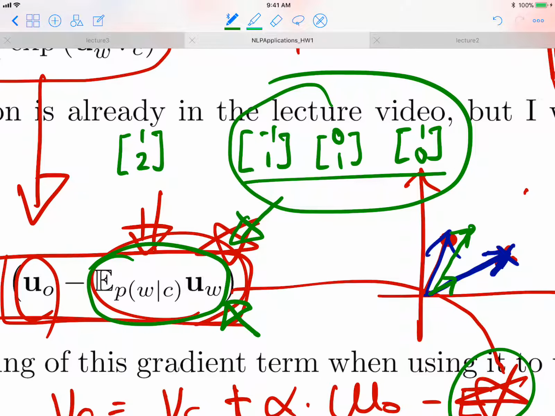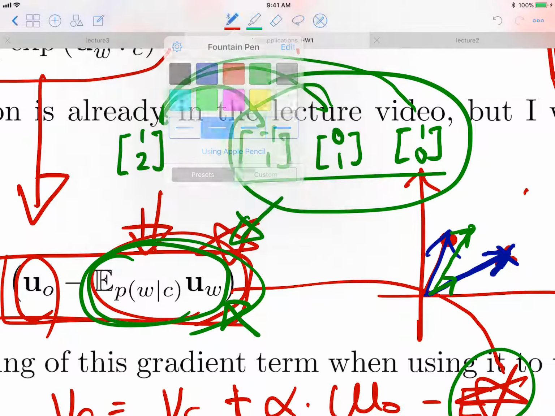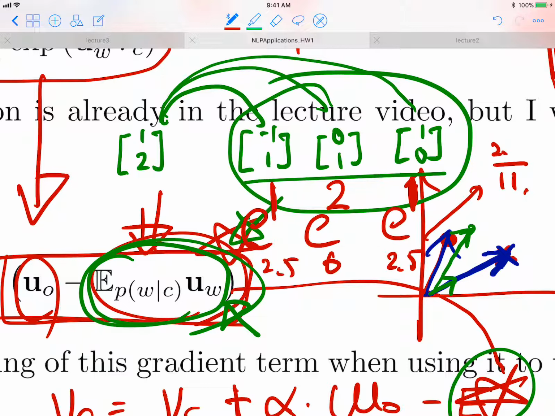Then how we compute this is based on performing the inner product first. The inner product values will be 1, 2, and 1. Then we exponentiate them, and make them sum to 1, so it's 2.5, 6, and 2.5, altogether 11, so 2.5 over 11 is the probability associated with this vector.